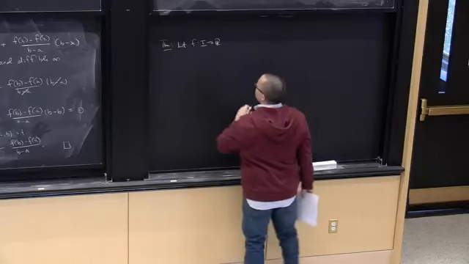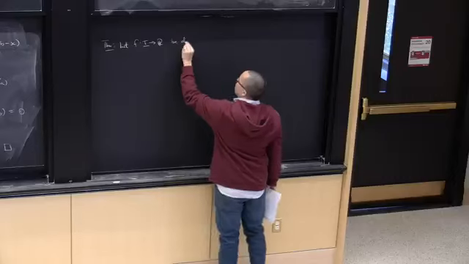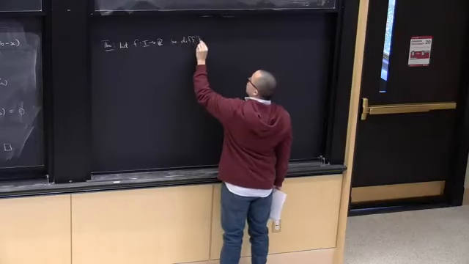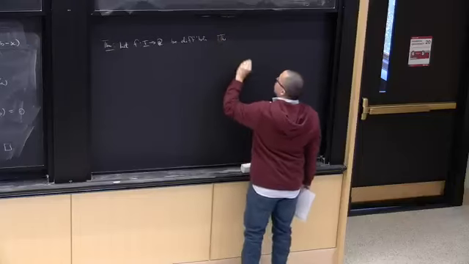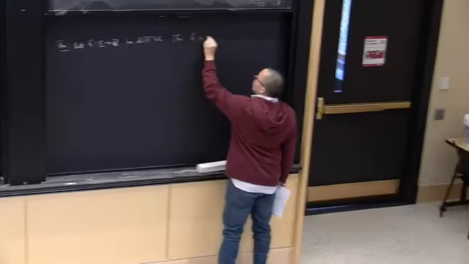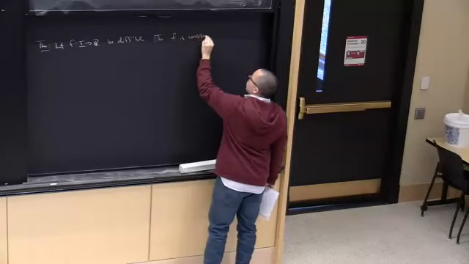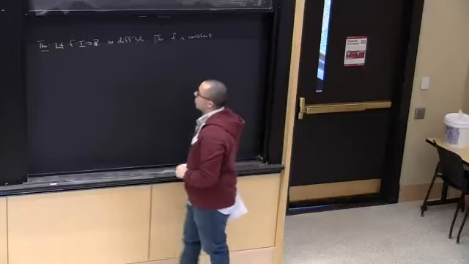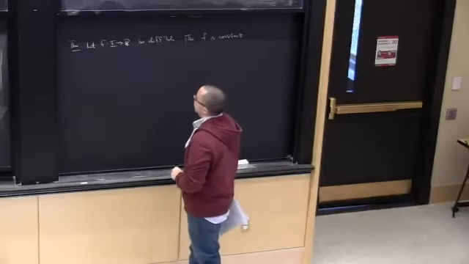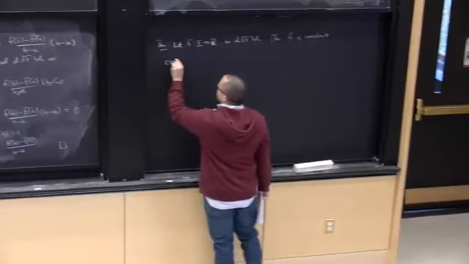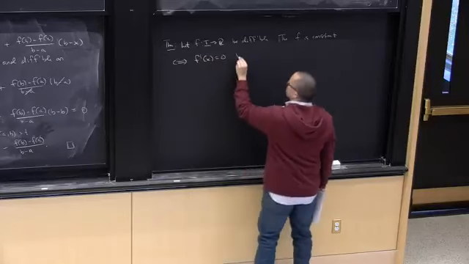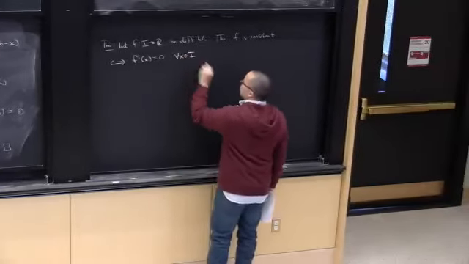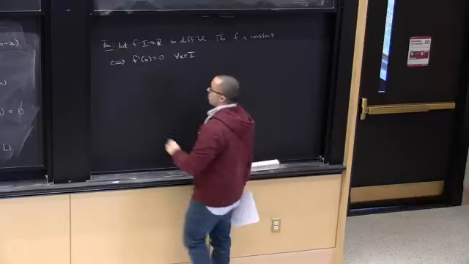Let f from I to R be differentiable, then f is constant, so f of x equals f of y for all x and y in I, if and only if the derivative is identically 0.